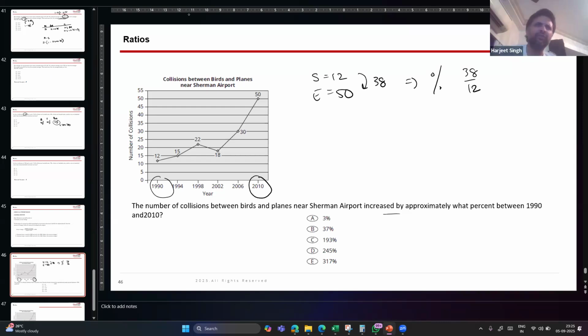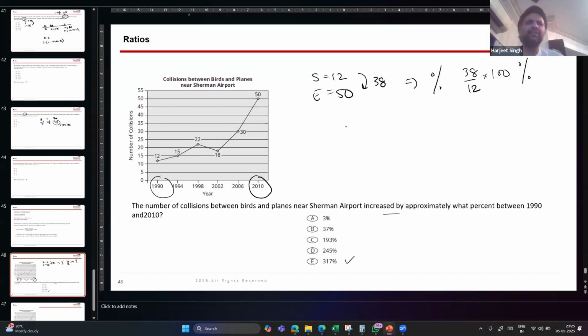Again, no need to solve. The answer will be more than 3 point something, and there's only one such answer. And it's a percentage, right? So if I want to convert this into a percentage, multiply by 100. Then I get the percentage. So simple.